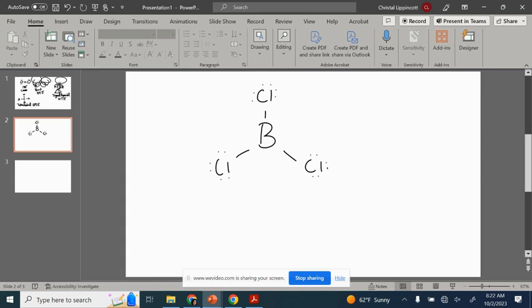Why is that an sp2 instead of sp3? Okay, so when you're looking at that, you're trying to figure out how many p orbitals are going to hybridize. For your boron, you would have 1, 2, 3 sp2 orbitals coming off of there to connect with your chlorine. That means you would have taken an S and 2 P's to make that.